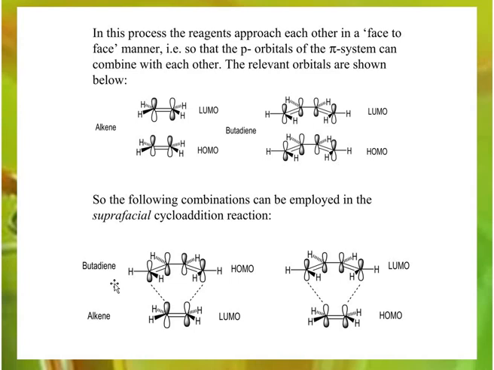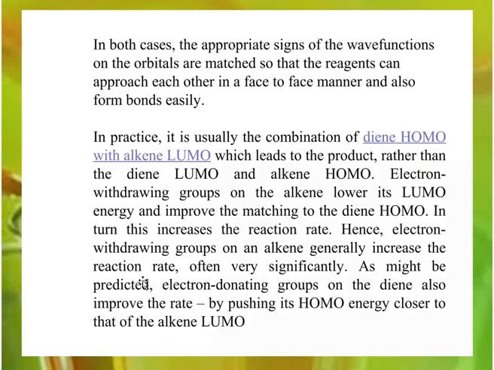So the following combinations can be employed in the suprafacial cycloaddition reaction. In the case of the alkene, you check the LUMO, and in the case of butadiene, check the HOMO. So this is the HOMO-LUMO gap and the formation of the bond.